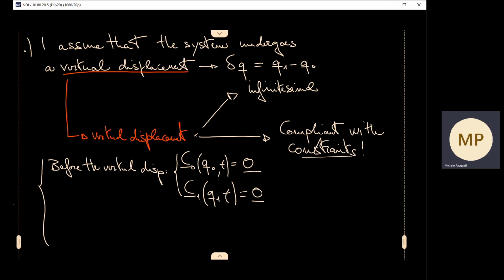The virtual displacement is given by the difference. Okay? So, given that we have this before and after condition, I can rewrite my constraint equation before and after the virtual displacement. And since this virtual displacement must be compliant with constraints, they both must be satisfied in both conditions, before and after. Okay?